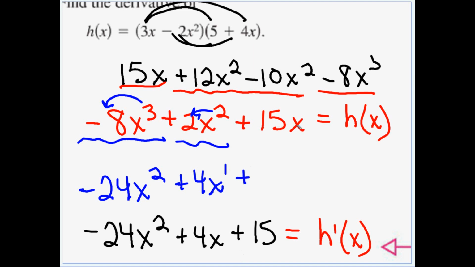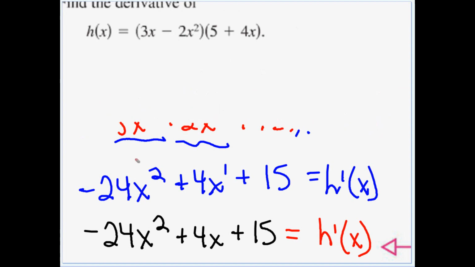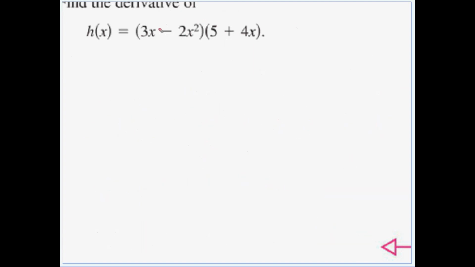Plus 15x to the first. That x to the first derives away, so it's just 15. There is our h prime. It looks the same, so we did everything right. So the way we did it first, we did calculus first and simplified by algebra. The other way, we did the algebra first, and then the calculus did not need simplification afterwards.